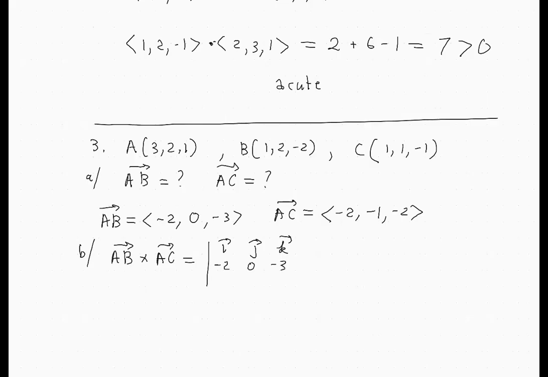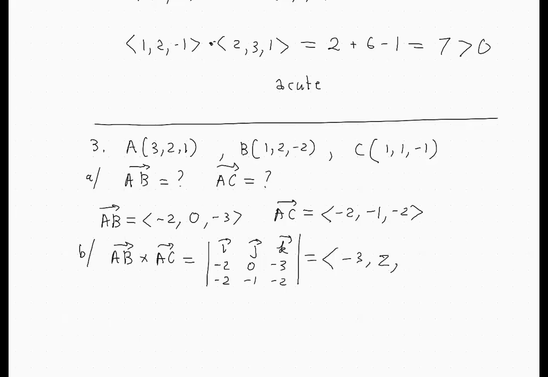And so delete the first row, the first column, you will get minus 3. Delete the first row in the middle column and take the 2 by 2 determinant that results. So that will give you 4 minus 6, which is minus 2, but it's the middle coordinate, so that is going to be 2. And delete the first row and the third column.